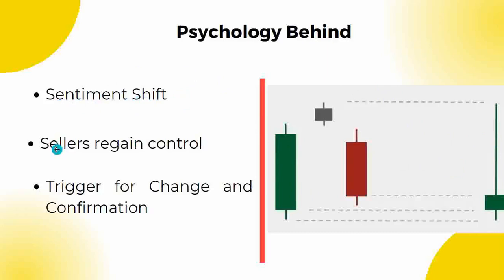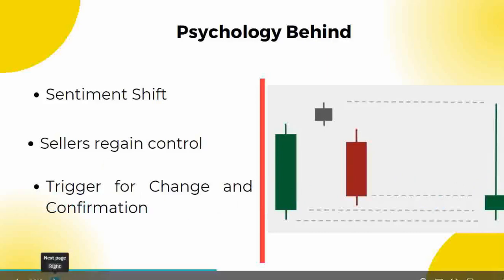Moreover, after this candlestick pattern forms, we can see that the sellers regain control over the market from the buyers. So it shows that the buyers are becoming weak and sellers are getting very strong. Moreover, the long wick also indicates that there is long unwinding happening at the resistance level. So whenever we find such a candlestick pattern with the conditions fulfilled as before, it signals the confirmation of a trend change from bullish to bearish.